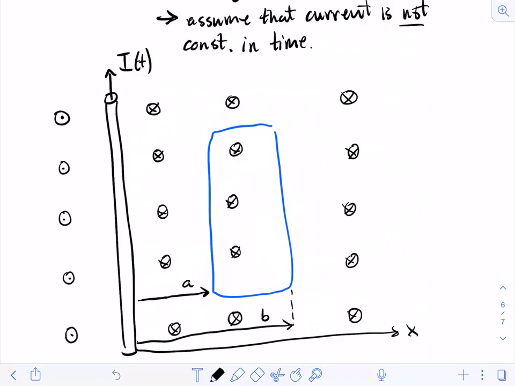All right, so if the current is changing, then we know B is equal to mu naught I over 2 pi x. But now our current is changing with time, so our magnetic field is also changing with time.